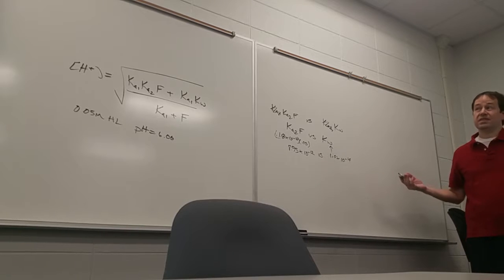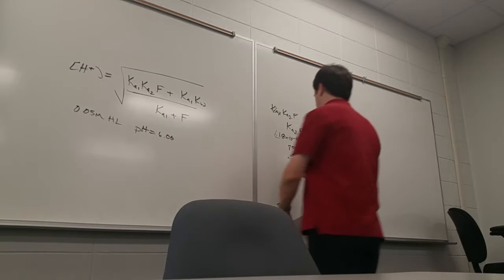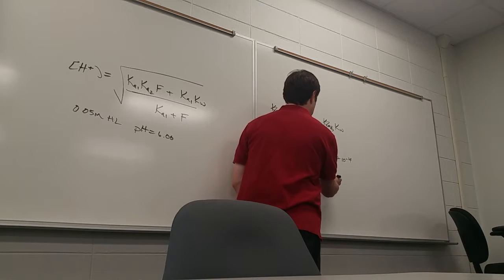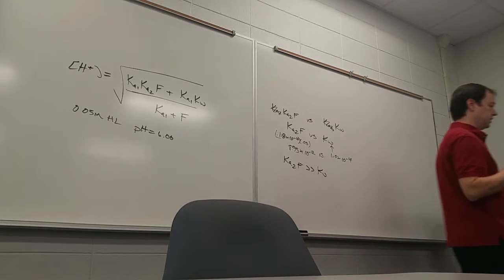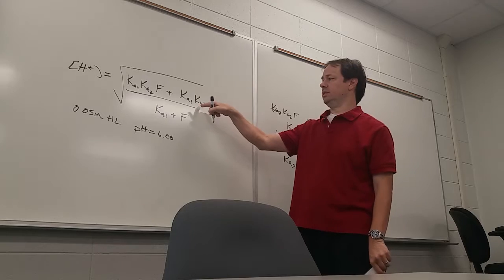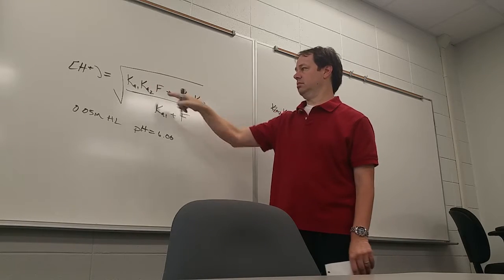But for purposes of tests and things like that, we can assume that Ka2 times F is greater than Kw. So that helps one side of the coin, which is really saying that we don't even care about this second term, because the majority of the number is coming from the first term.